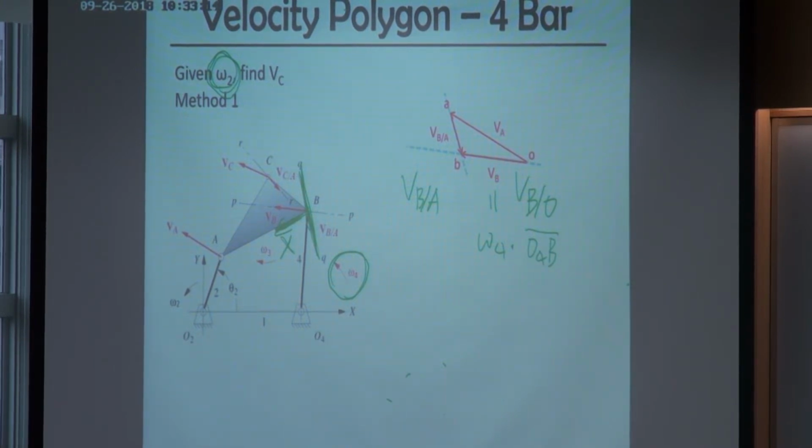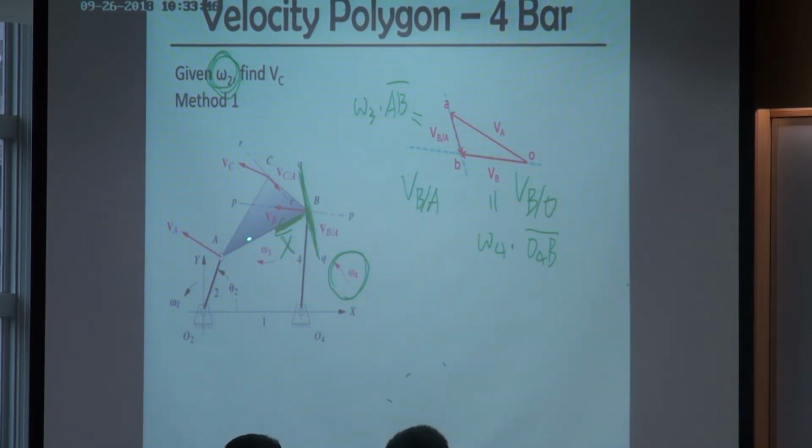And how about omega 3? Omega 3 is the angular velocity of this link, of this triangle. So we can do the same thing. If I already know VBA, then I know VBA is going to be omega 3 times the length of the line AB.